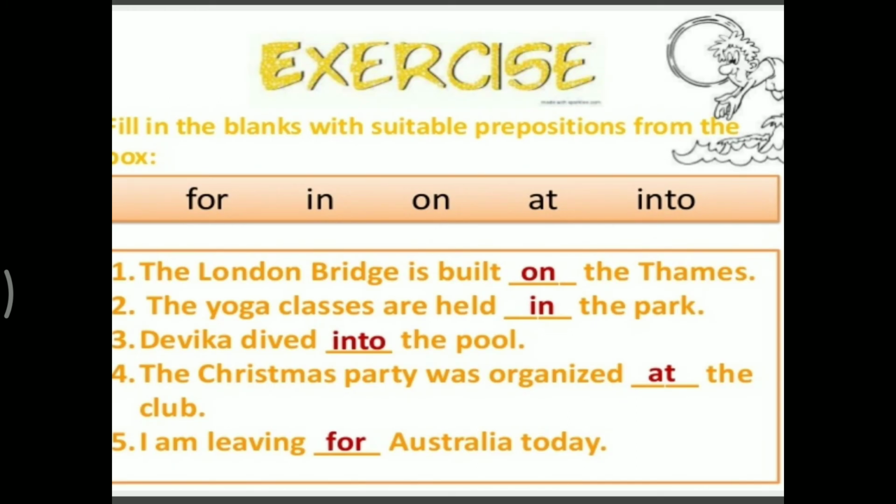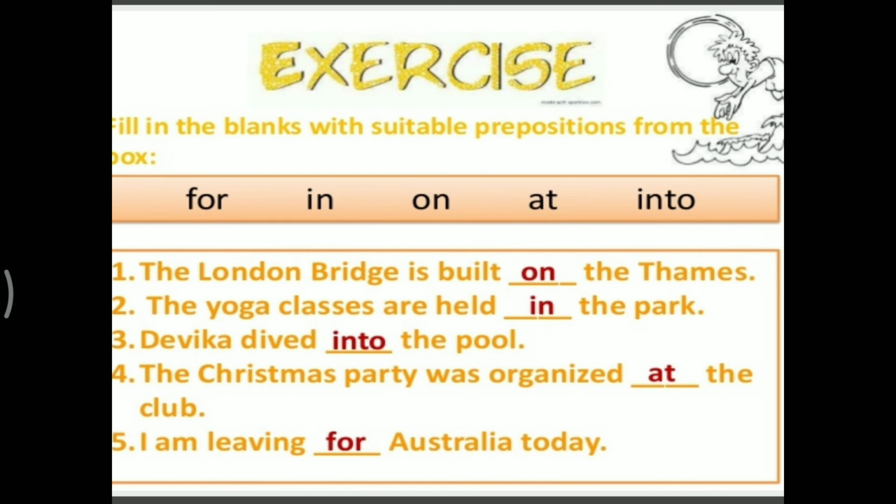I have given some solved examples for the betterment of your practice. I have given five prepositions. We have to choose the proper, suitable preposition for the suitable place. The London Bridge is built on the Thames.